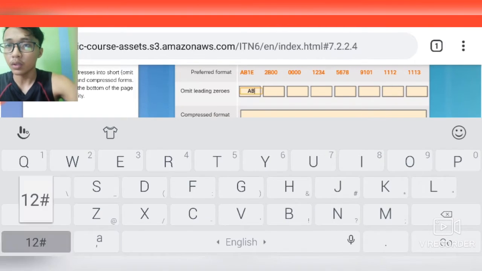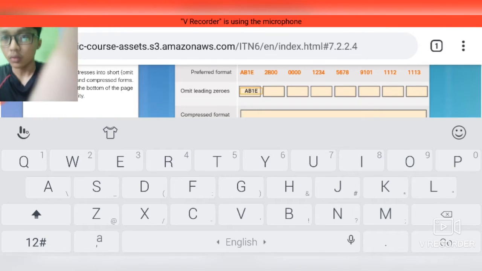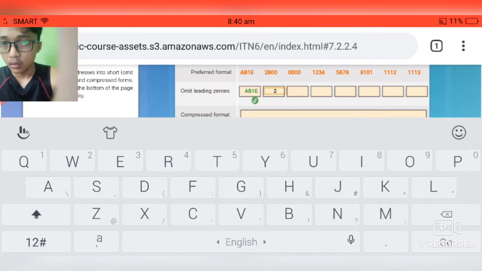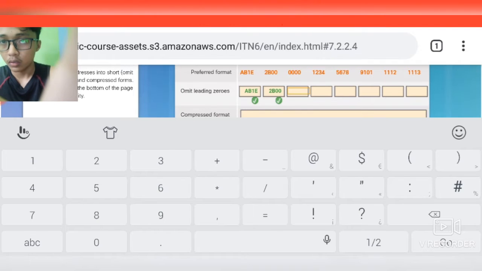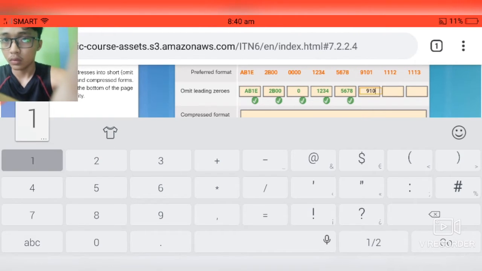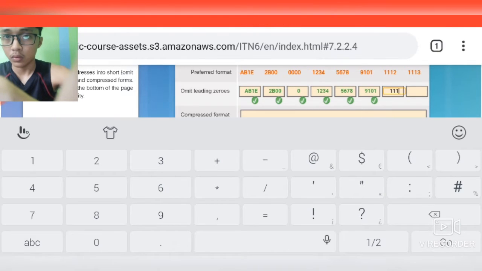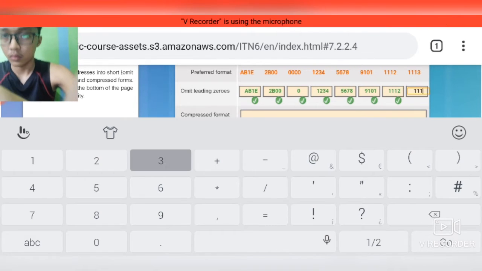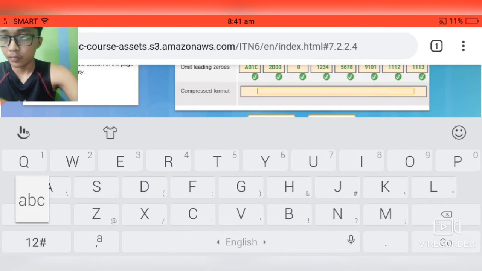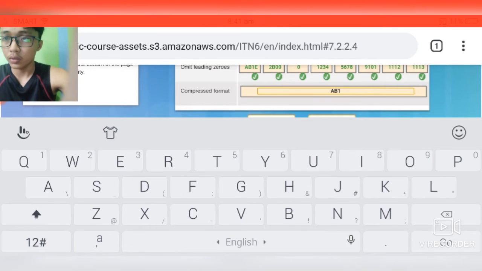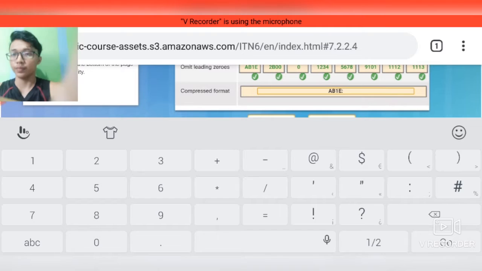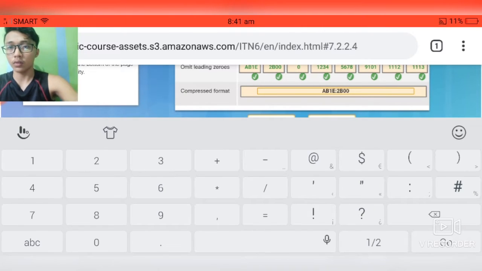AB1E, the 2B, AB1E, colon, 2B00, then 0, 1, 2, 3, 4, 5, 6, 7, 8, 9, 1, 0, 1, 1, 1, 2, and 1, 1, 3.